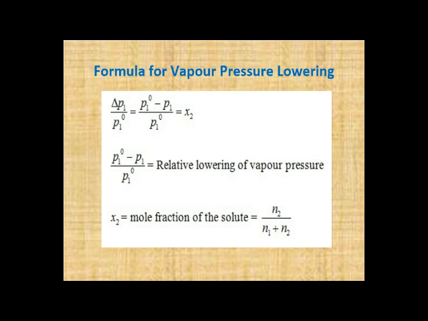So relative lowering of vapor pressure is equal to delta P1 divided by P10. Delta P1 means lowering of vapor pressure, that is vapor pressure of pure solvent minus vapor pressure of solution, divided by vapor pressure of pure solvent, which is equal to psi 2, that is mole fraction of the solute.